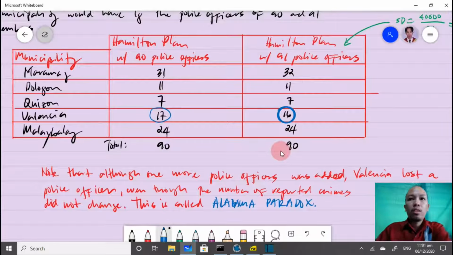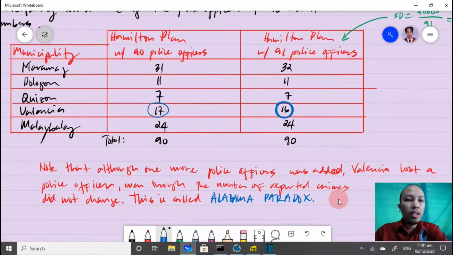So the question here is, since this is not fair, because Valencia loses one police officer, this results in a discussion about fairness. We will have a topic regarding fairness and apportionment, and there are four criteria that I am going to discuss.